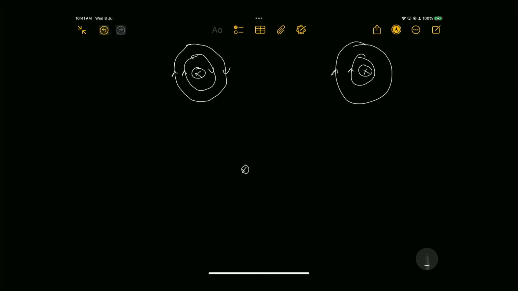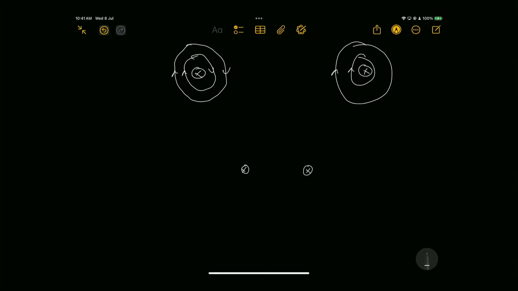You should know how to draw it around one current carrying wire, for two wires carrying current in the same direction, and for two wires carrying current in opposite directions, right? Here we have two wires carrying current in the same direction. You all should be able to do this.